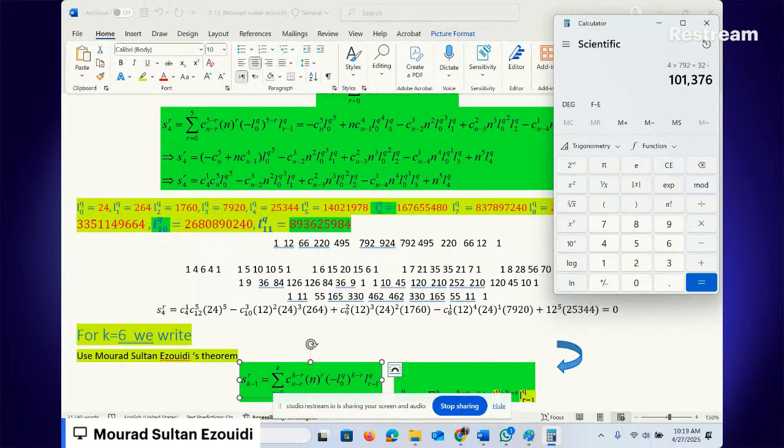Minus, because 10 choose 3 is 120: 1, 2, 3. Minus 120, multiply by 4, times 1760. I will make it equal minus 8 multiply.